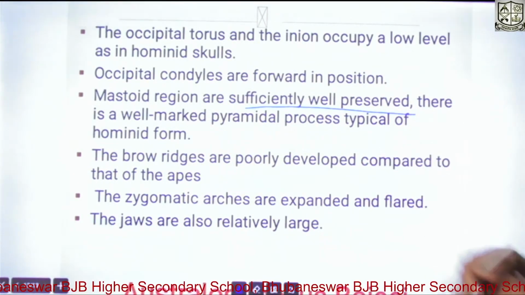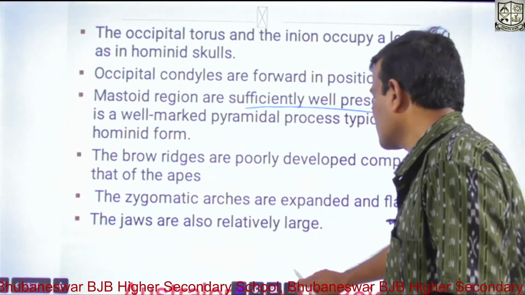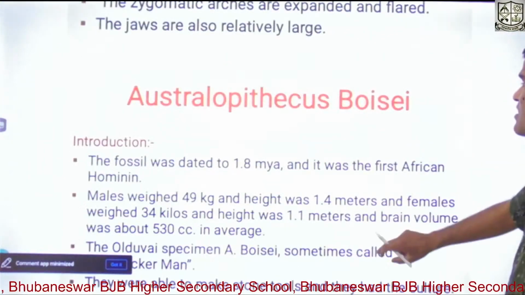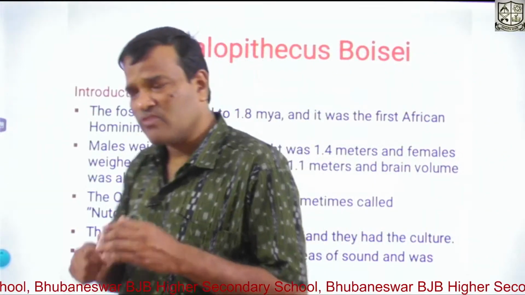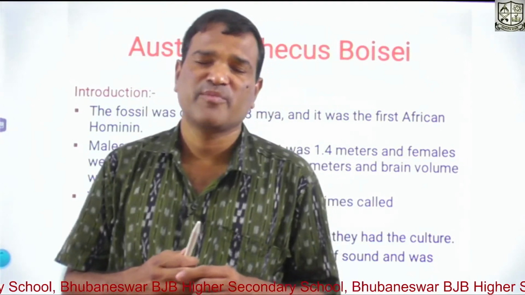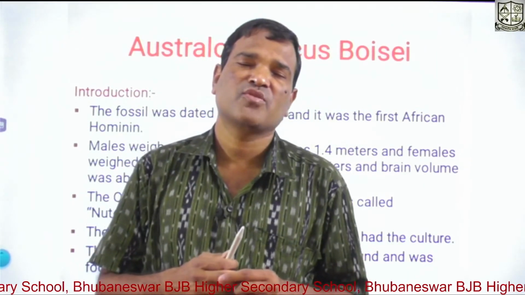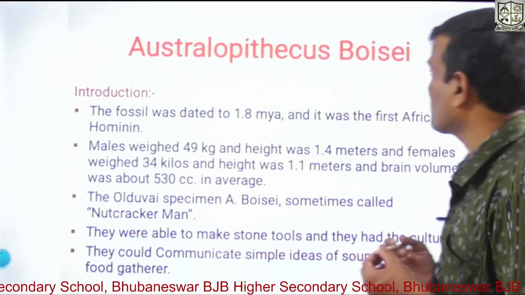The zygomatic arches are expanded and flared. The jaw is also relatively large. These anatomical characteristics were found in Australopithecus africanus, described by Raymond Dart in 1924-25. Then we come to Australopithecus boisei.